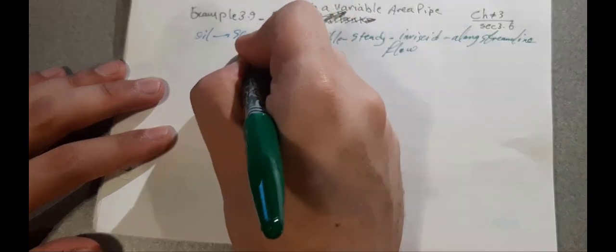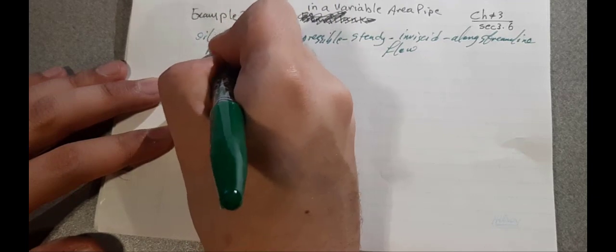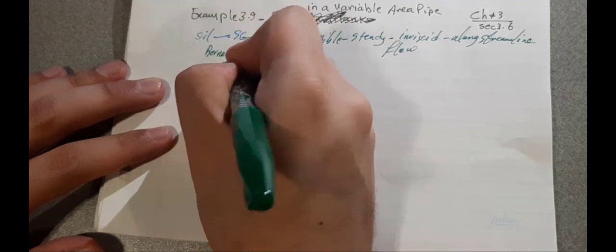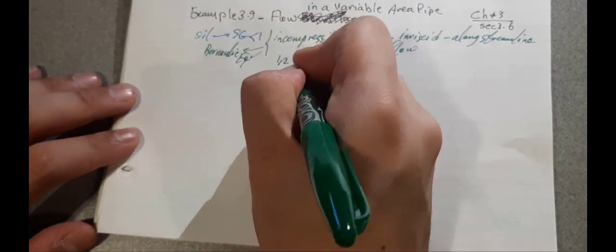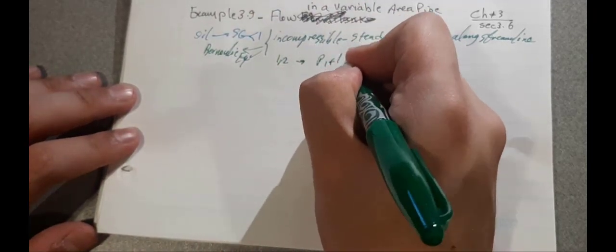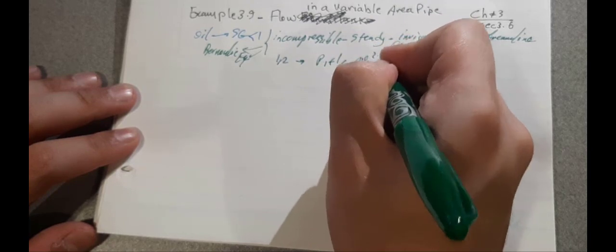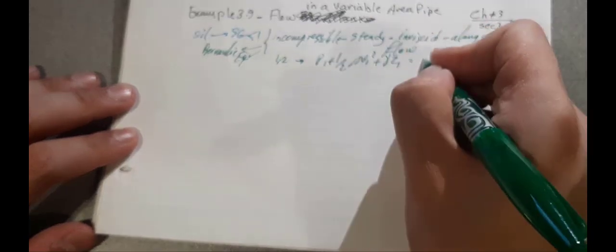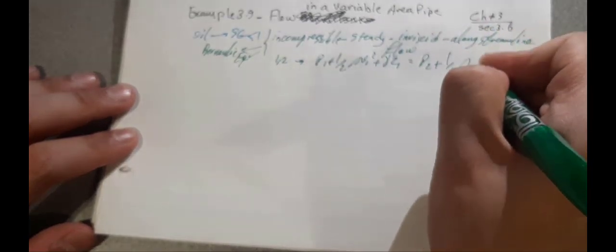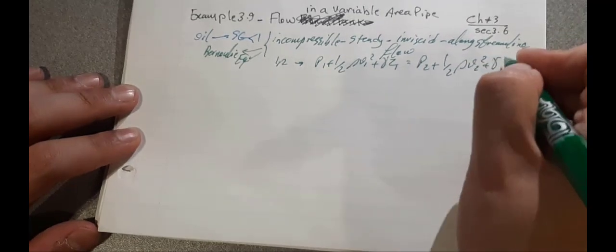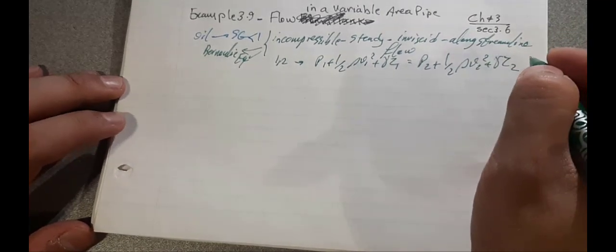This all means we can have the Bernoulli equation applied. Between point 1 and 2, we have it as this: P1 plus 1/2 rho V1 squared plus gamma Z1 is equal to P2 plus 1/2 rho V2 squared plus gamma Z2.